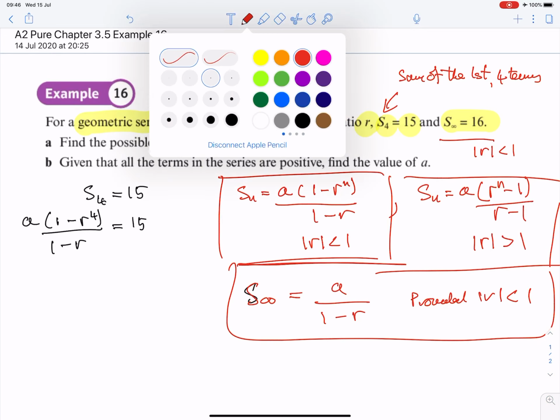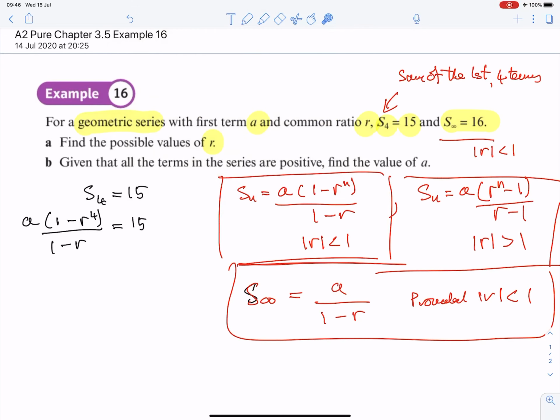So from the second part of our statement, sum to infinity equals 16, we're going to get sum to infinity equals a over 1 minus r. So 16 equals a over 1 minus r. Right, now, that is quite useful to us, but you need a little bit of insight.